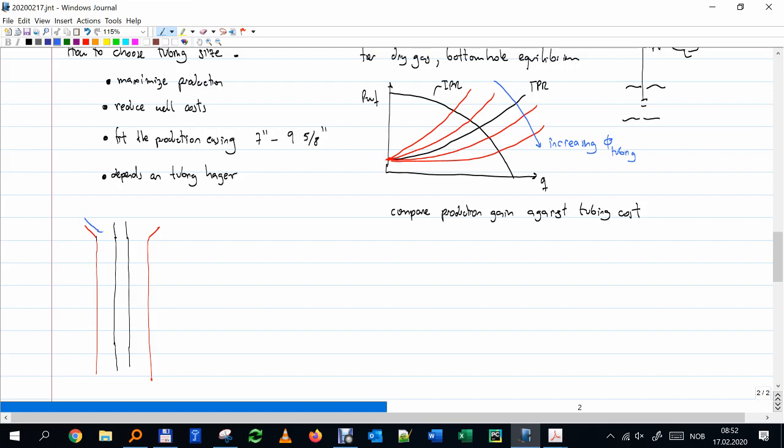Okay, so you hang it, you have to screw it on this guy called a tubing hanger. That makes a wedge against the bowl of the production casing, and that's what we call the tubing hanger.